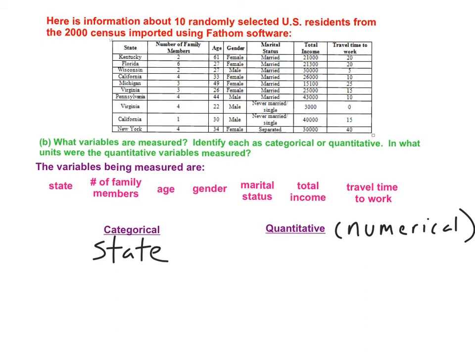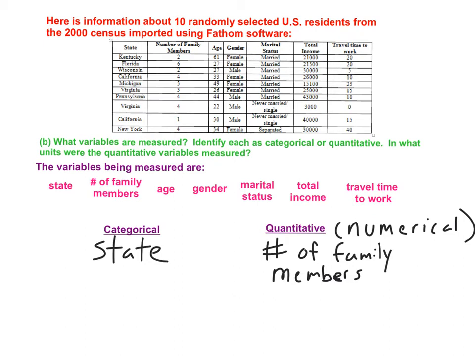Number of family members. If somebody was asked that question, you're expecting a number as a response. Maybe their family is so big, they're just like, I don't know, a lot. No, I'm just kidding. That's probably not going to happen. Even if you have a lot of family members, you probably have a number as to how many.